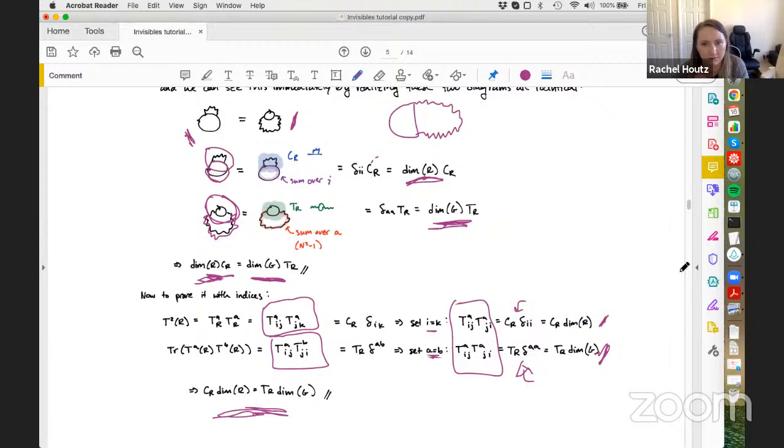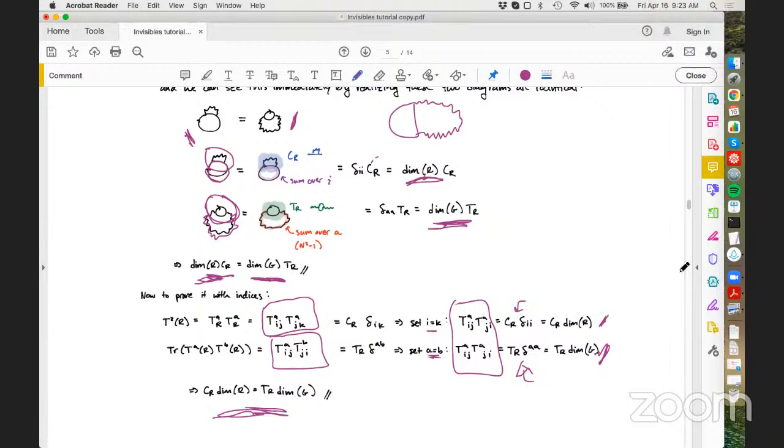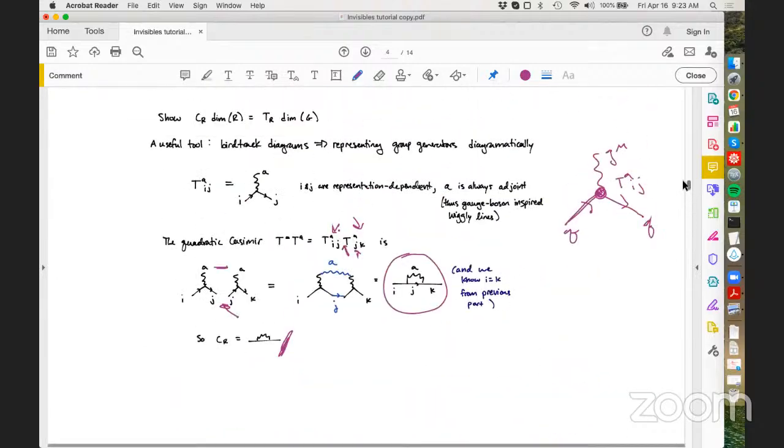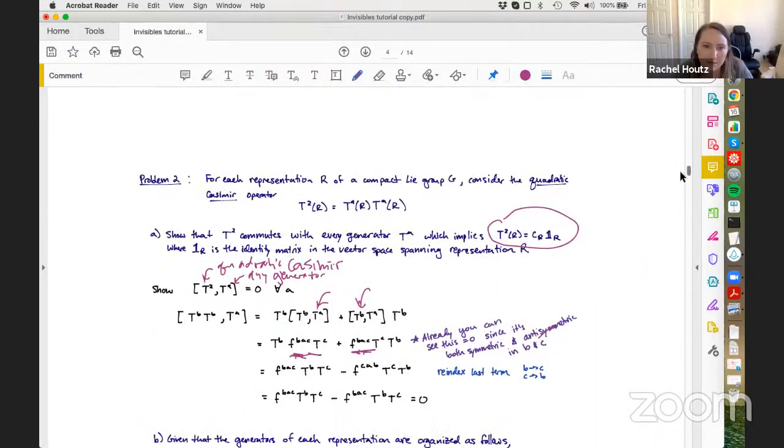So why do we get a result T squared equal to CR identity? So it's the previous problem. Yes. So this follows directly from the fact that T squared commutes with every generator in TA, right? So that means the only object that commutes with every generator in TA is something that's proportional to the identity, right?